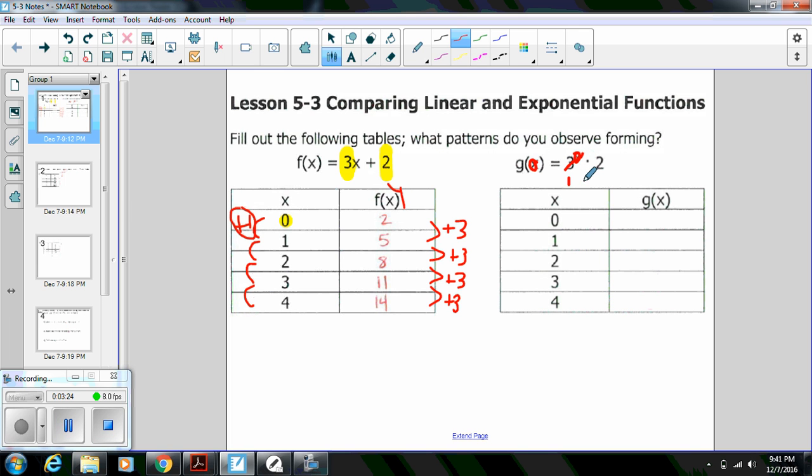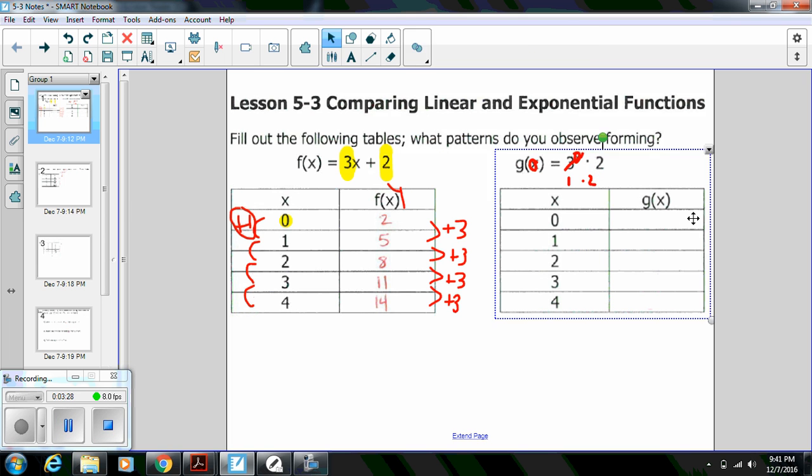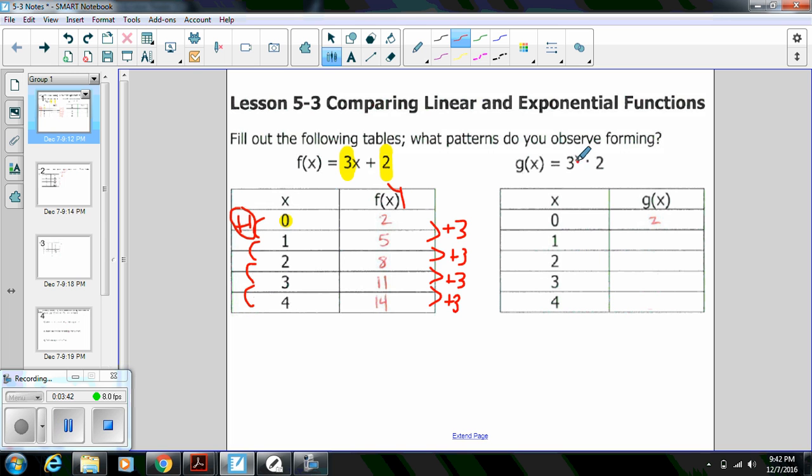So 1 times 2, I should get a 2. And I did. All right, so now I'm going to plug in 1. I plug in 1 for x. 3 to the first power is 3 times 2.